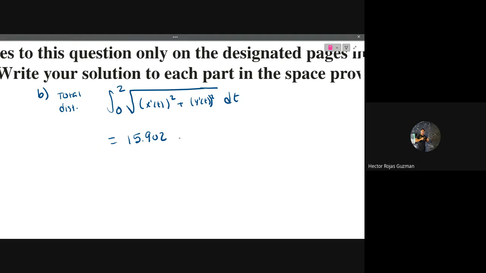Do we have any units? Let's see. We have seconds, but I don't think we have units for position. So I'll just say that this is the total distance traveled during the first 2 seconds.